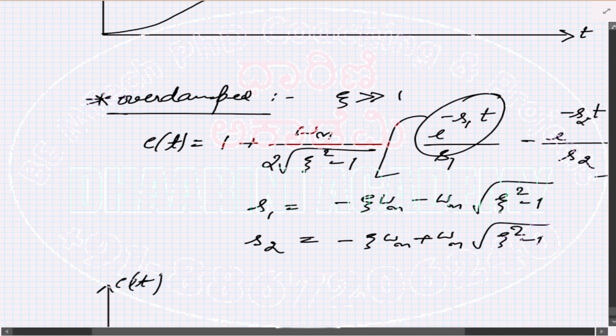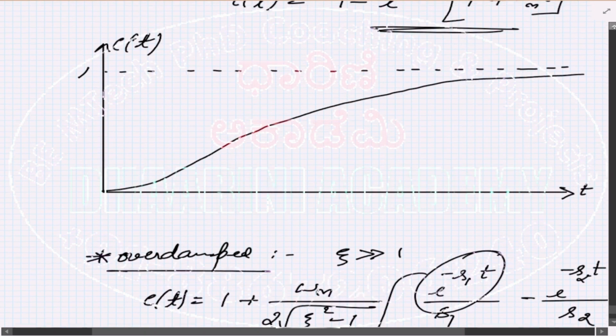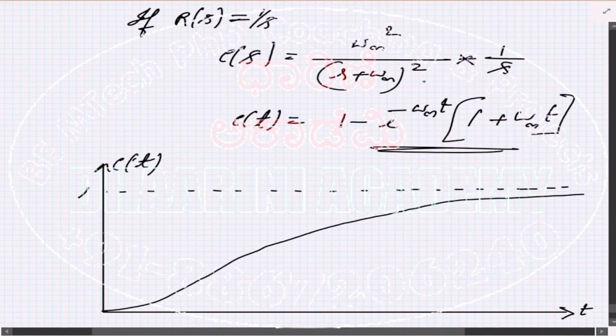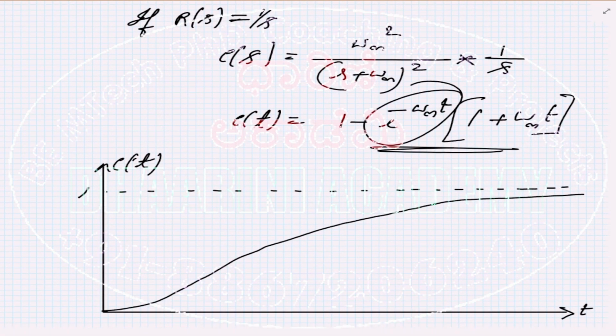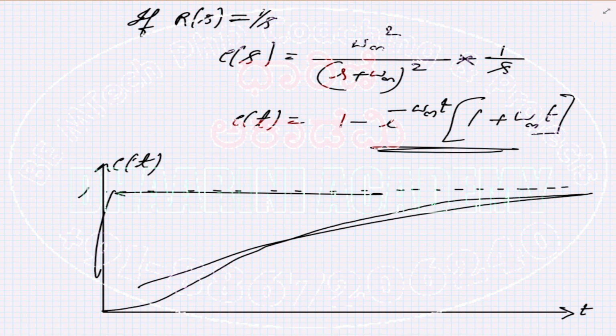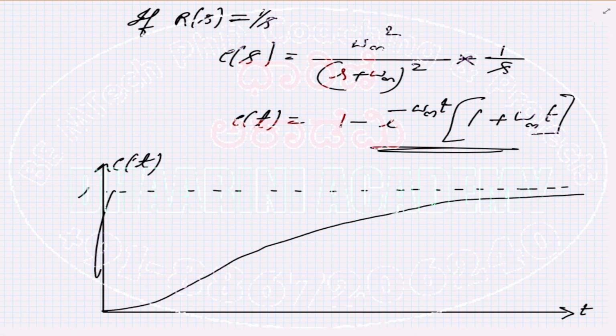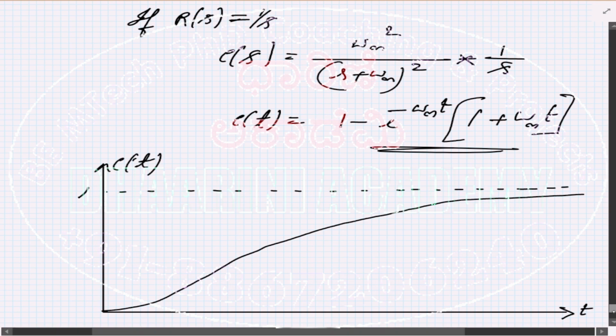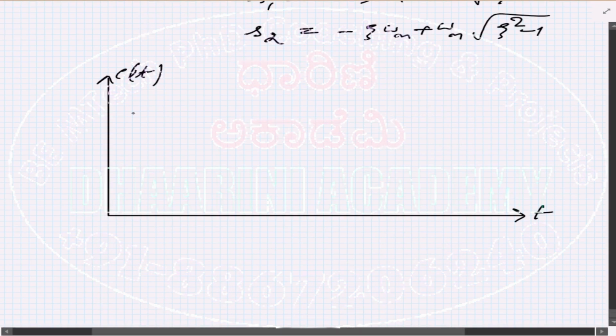So previous output had how many exponential terms? Only one exponential. So this was providing a delay like this. So my input is something like this, my output comes like this. So actually there is a delay between the input and the output, correct? This happened just because there was one exponential function.